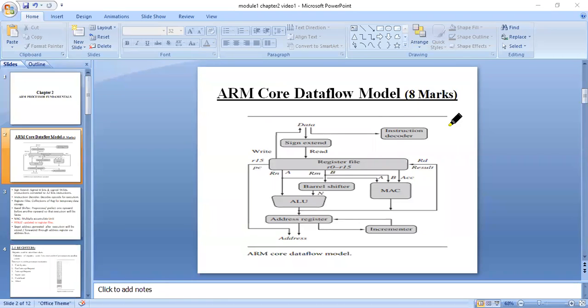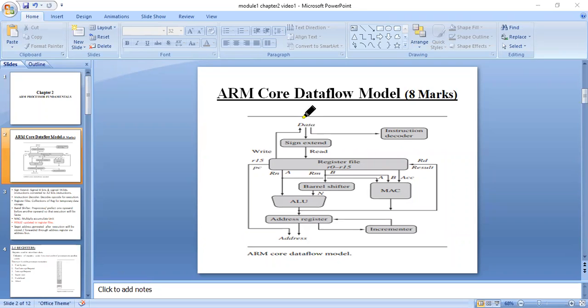I have written a printf, enter the value for a, and a scanf percentage d for ampersand a. The same statements I have written for b also, and one mathematical equation, c equals a plus b. The values of a and b will be given by the user, or you can assume they are also stored in the hard disk. So here the target is to execute c equals a plus b.